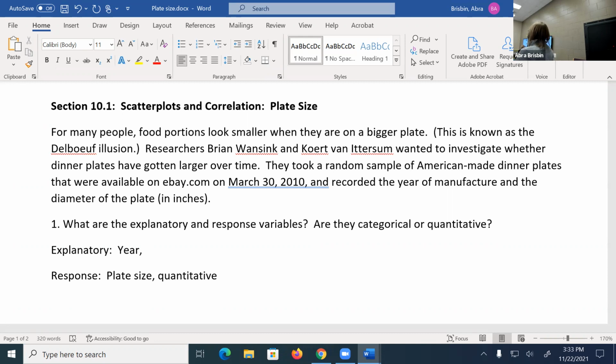But year is a numeric variable where numerical comparisons make sense. It makes sense to say that the year 2020 is twice as far from 2000 as it is from 2010. So year can be a quantitative variable.